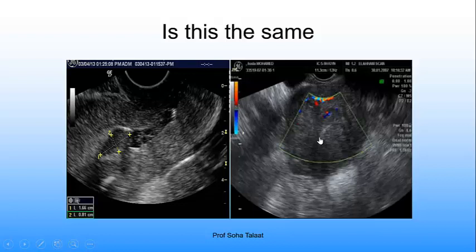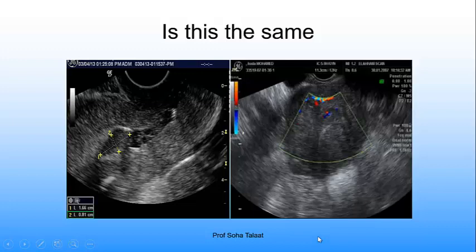Here also, this is an isoechoic mass lesion, small, but it has a perifibroid plexus and not a vascular pedicle sign, and so this is an intracavitary fibroid. So many times, if the lesion is small and we could delineate the surroundings, we can differentiate between polyp and fibroid on an ultrasound basis.